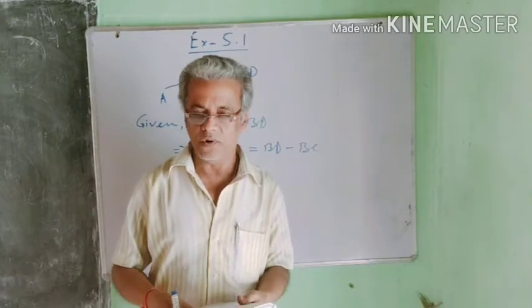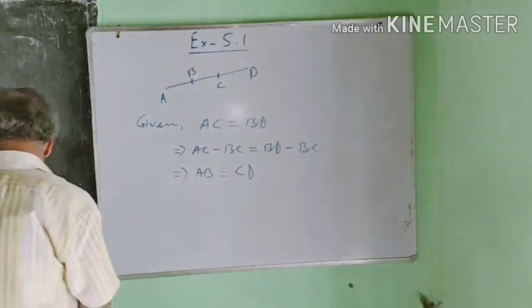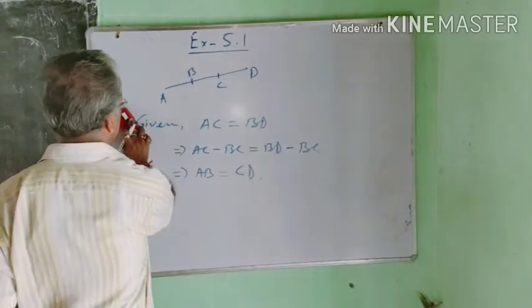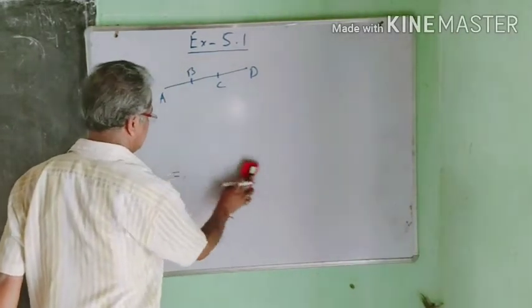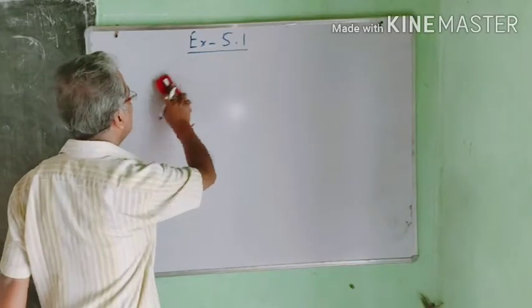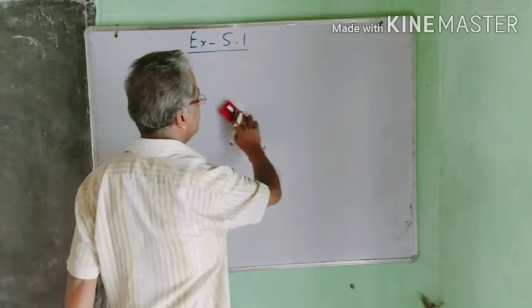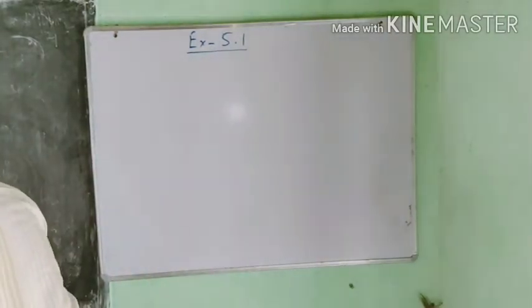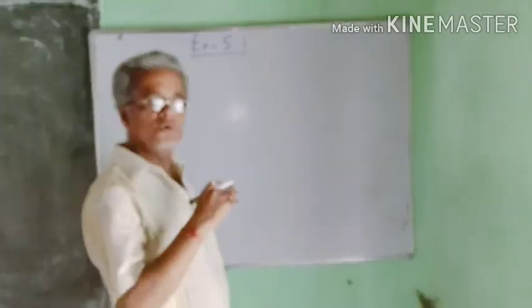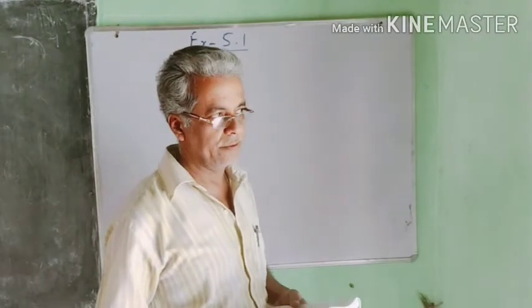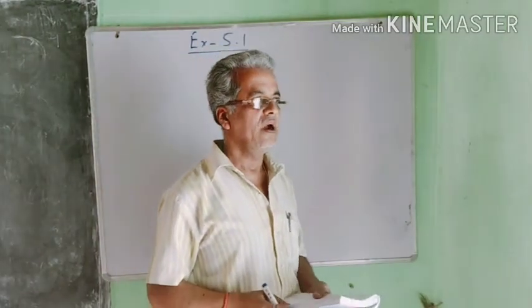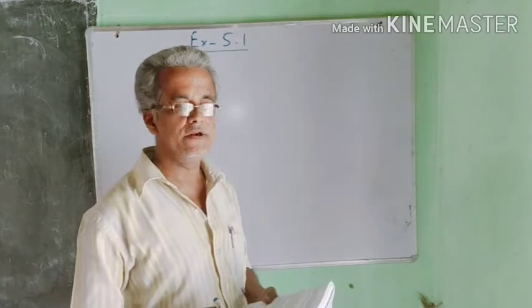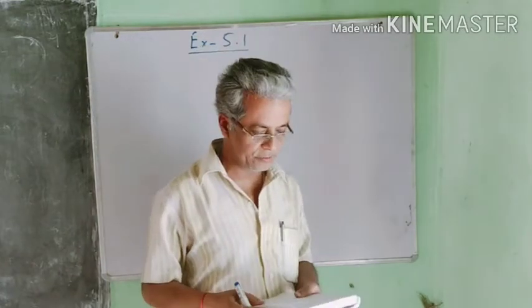Lines we have already discussed. If any two points are joined and produced both ways, it is a line. And if only 2 points are joined, then it is a line segment.